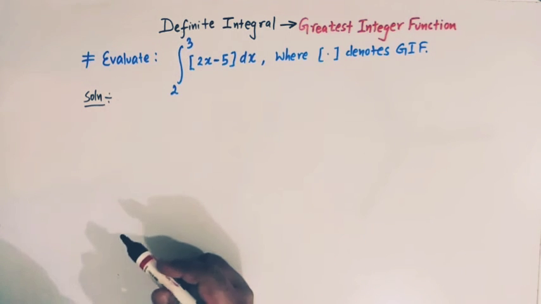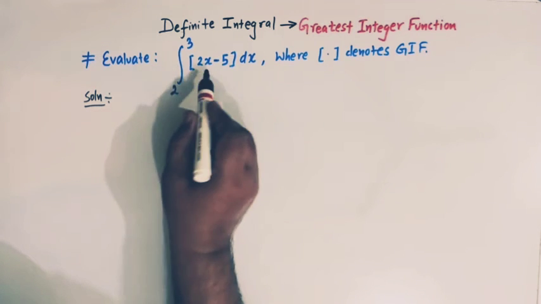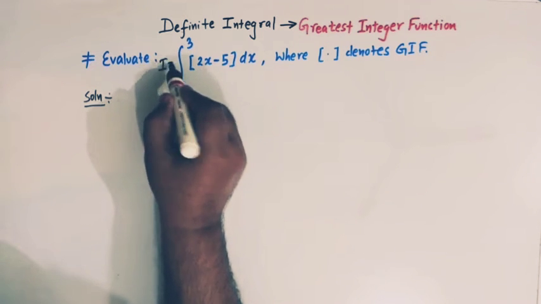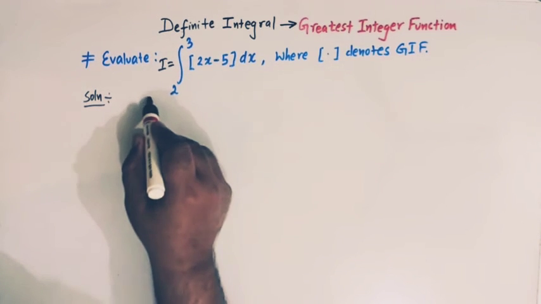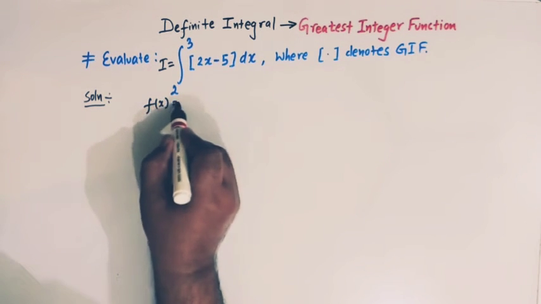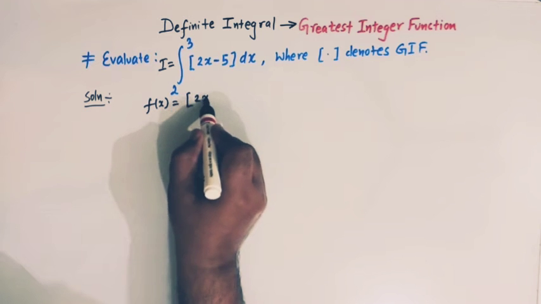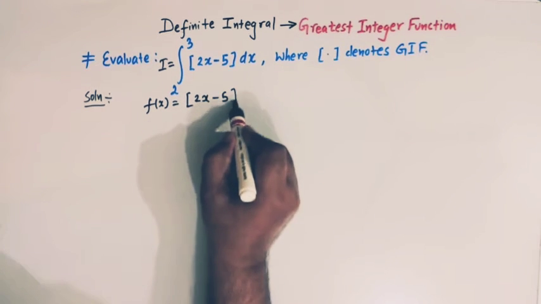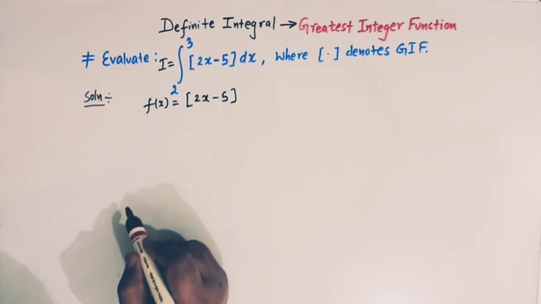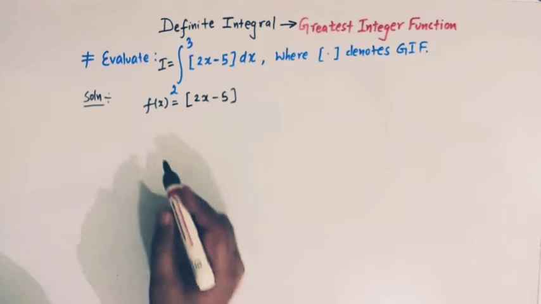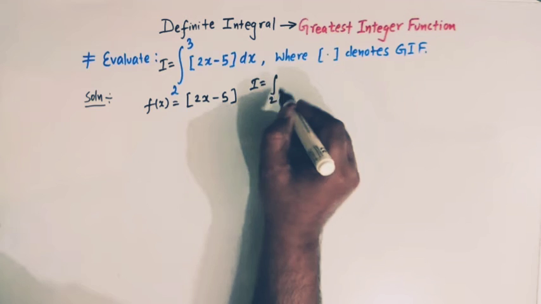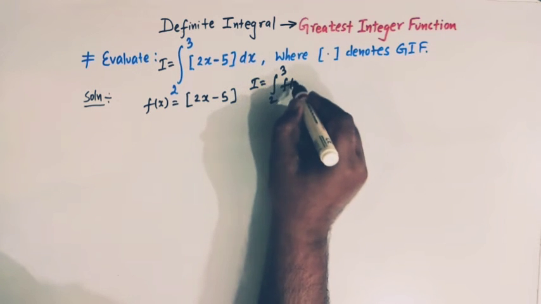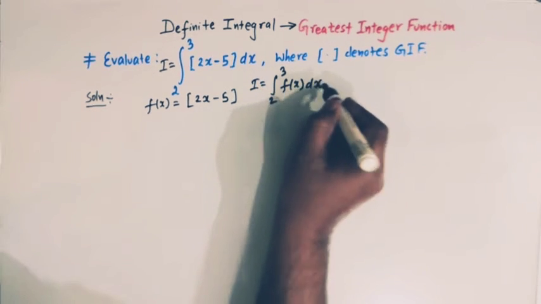So let us start. Suppose we denote this integral by the letter I, and here we have the function f of x, that is the greatest integer function 2x minus 5, right? So we have to calculate the integral from 2 to 3 of f of x dx, right?